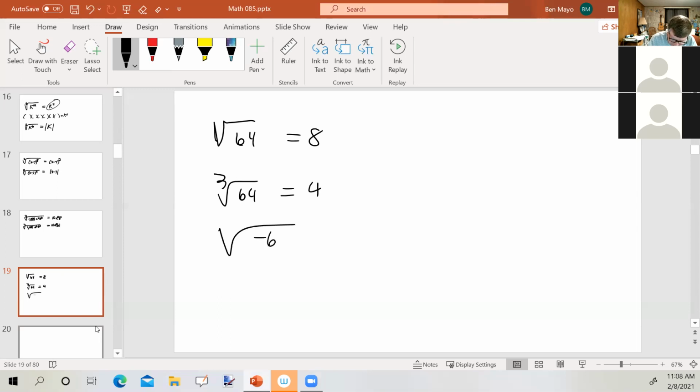What's the square root of negative 64? 4 or negative 4. Not real. You can't take an even root of a negative number. Oh, okay, I thought you said cube. Never mind. What's the cube root of negative 64? Negative 4. There you go. Got ahead of myself. That's okay.